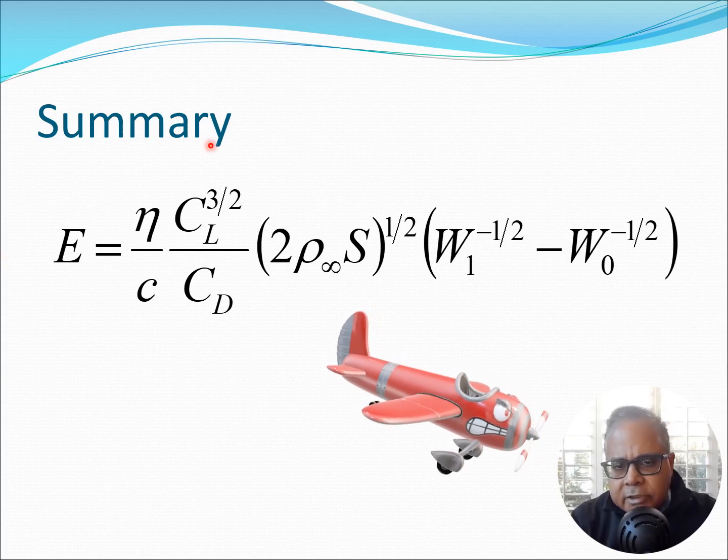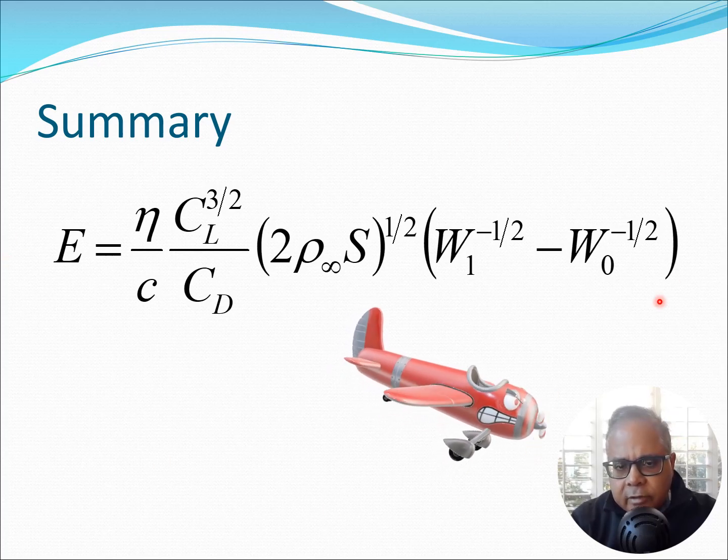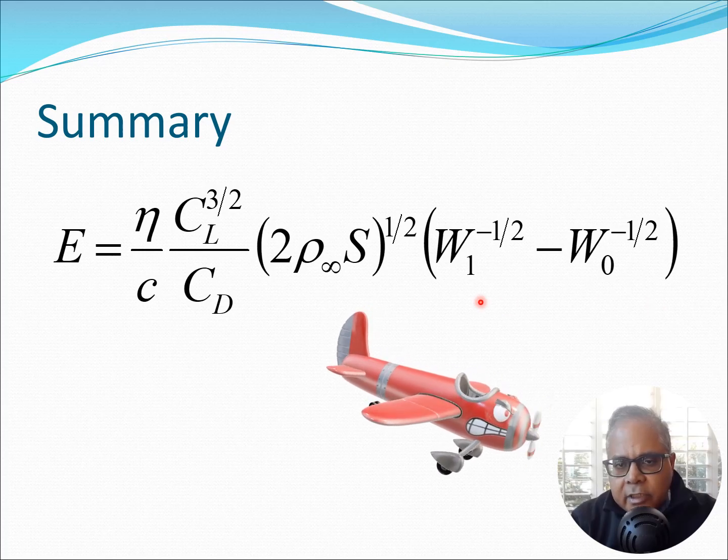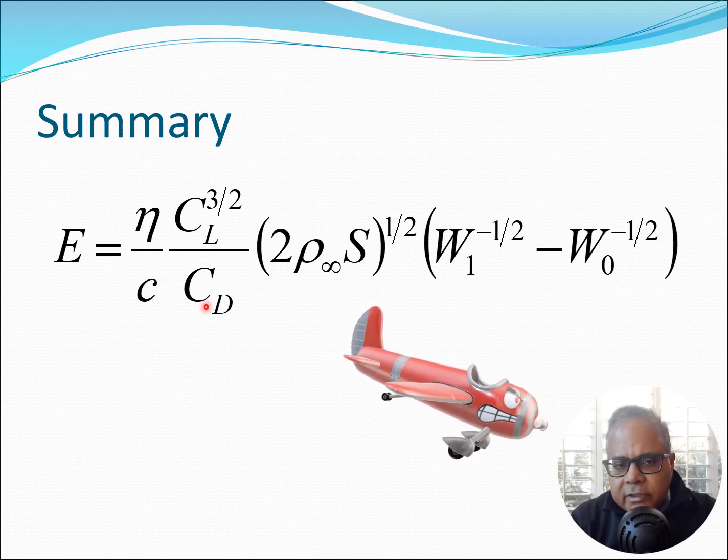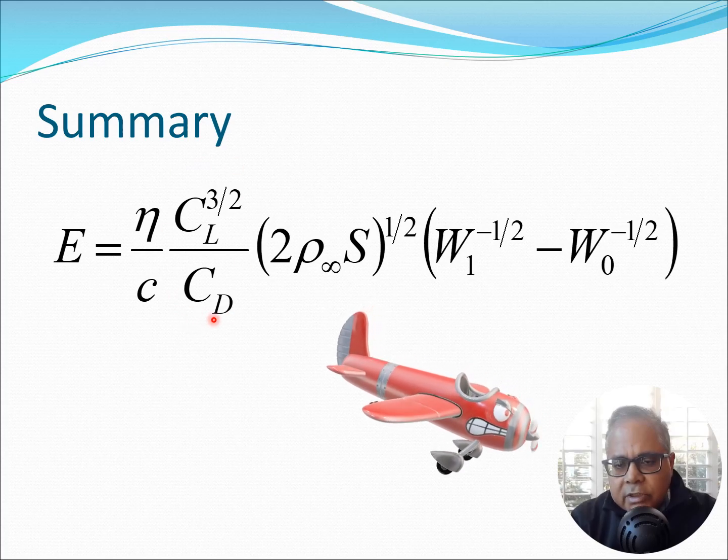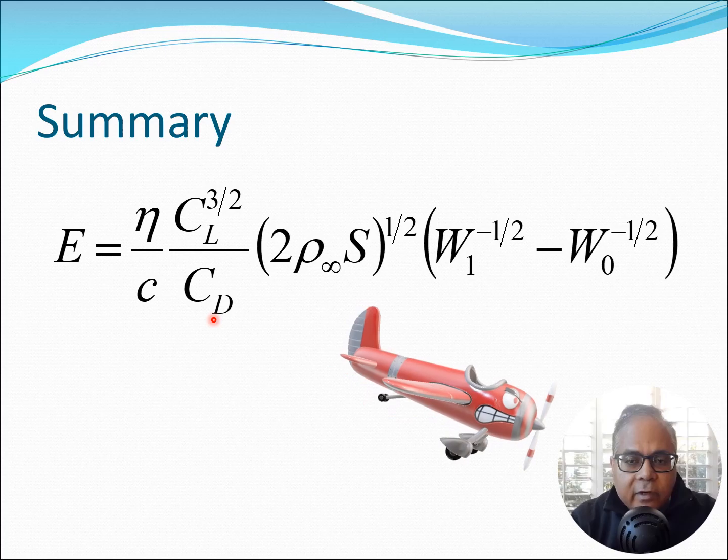So to summarize, this is the equation for the propeller endurance, and you can clearly see that now we have certain factors, like we have CL^3/2 by CD. So the design goal is going to be quite different compared to range.